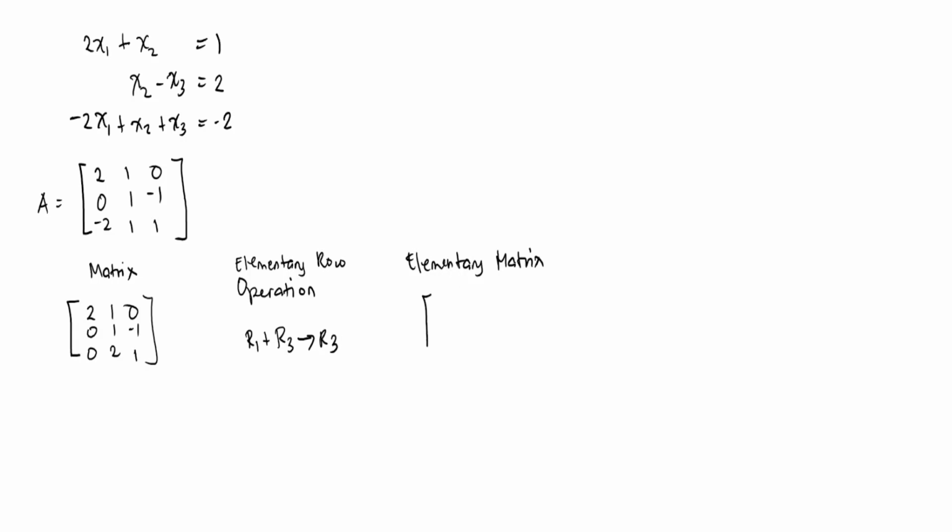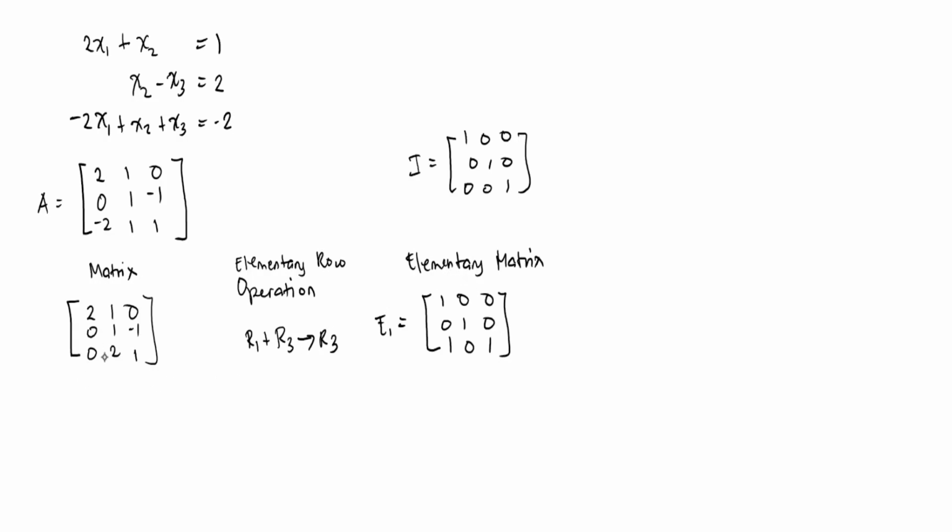The corresponding elementary matrix, let us name that E sub 1. We apply this to our 3 by 3 identity matrix: add rows 1 and 3 to get the new R3. So 1, 0, 1 in the third row. That is the first elementary matrix.